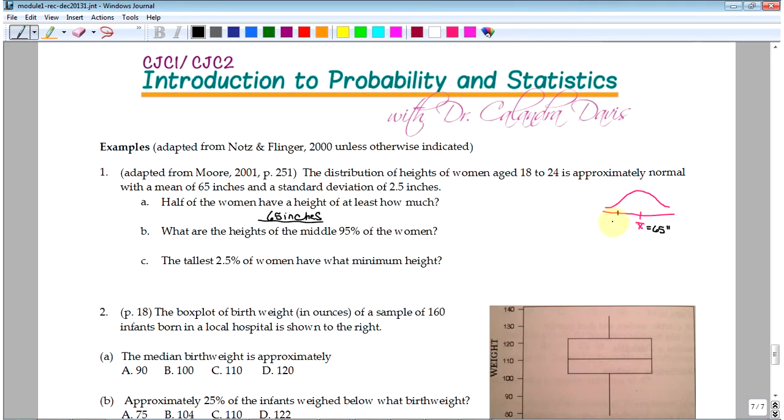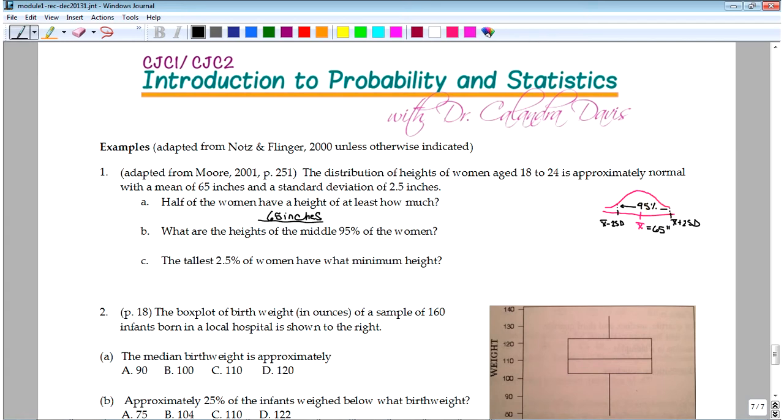So if we have x bar minus 2 standard deviations here, and then x bar plus 2 standard deviations, we will have 95% of the data appearing between these values. So we need to figure out what those quantities are equal to.